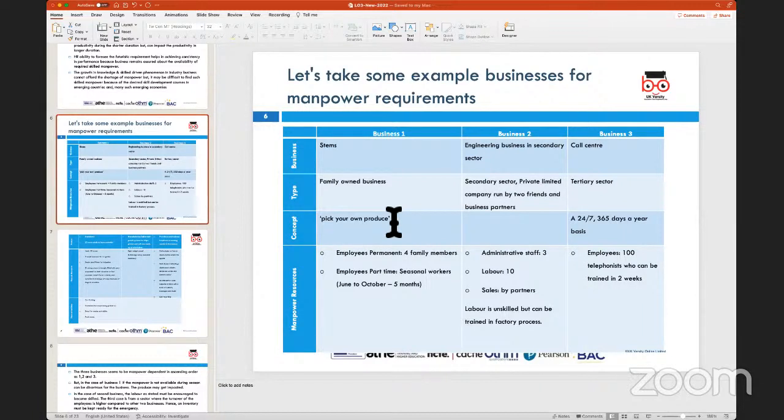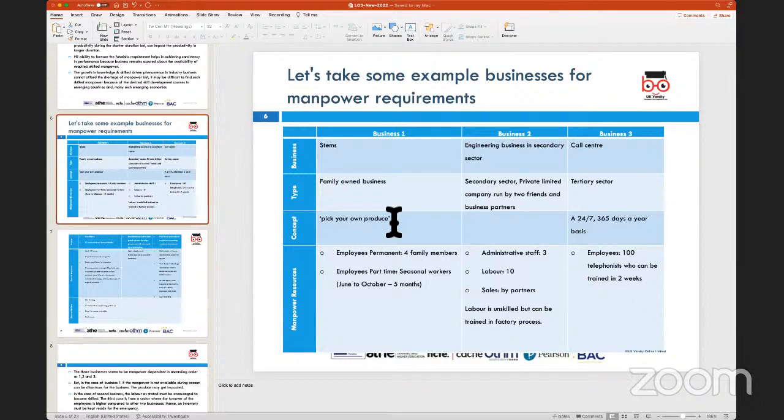What I've done as an example is take 3 different types of businesses: say a call center, an engineering business, and a small business, or in this case you could take the example of the NHS. I then classified, using a table, the various manpower or human resource planning requirements for that kind of business.